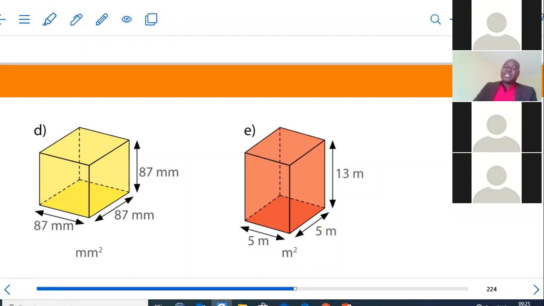Whereas in the other case, you have to calculate the area of each and every face, and thereafter add them together in order to find the total surface area. That is how we proceed as far as these two are concerned.